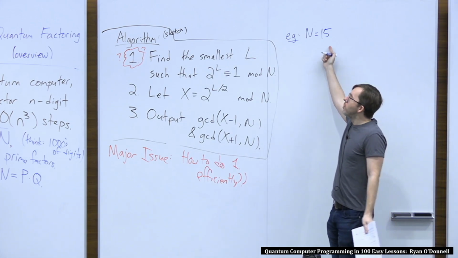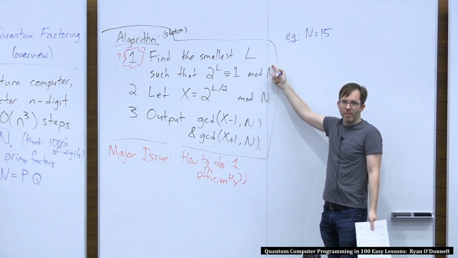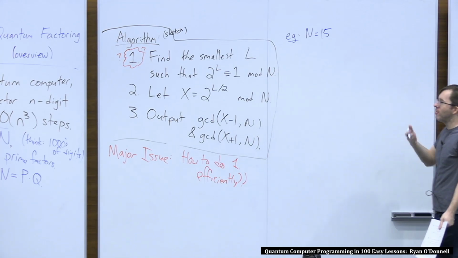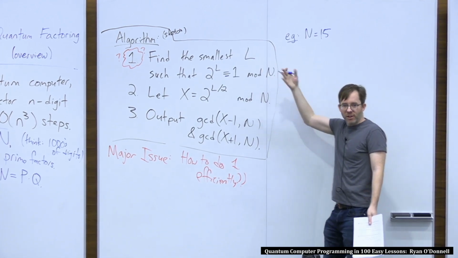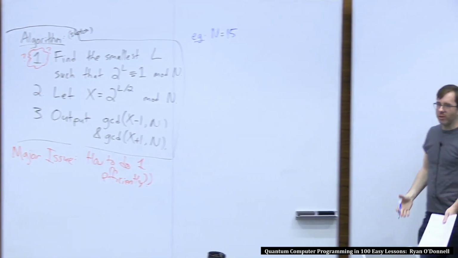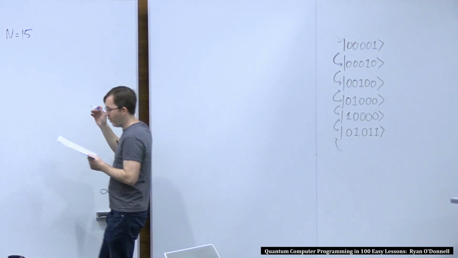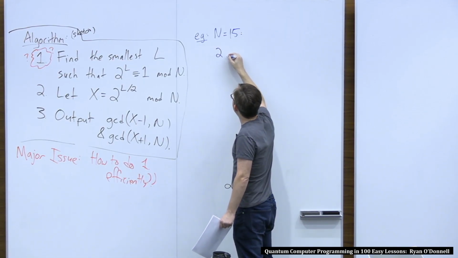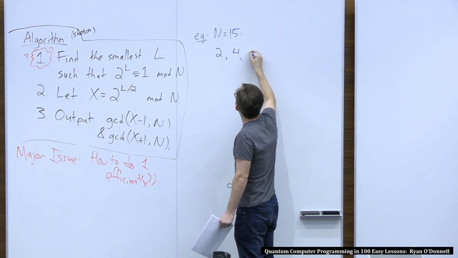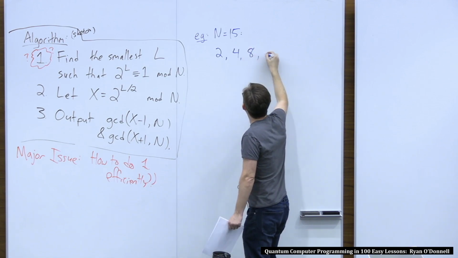So if it's such a small number, we can just literally do this by hand in the dumbest possible way. The dumbest possible way is to start computing the powers of 2 and then checking to see if they're congruent to 1 mod the number you're trying to factor. This is not a good idea in general. If L has thousands of digits, this would take you like 10 to the 1,000 trials, but when it's 15, it's fine. So there's 2, and then there's 4, and then there's 8, and then there's 16.